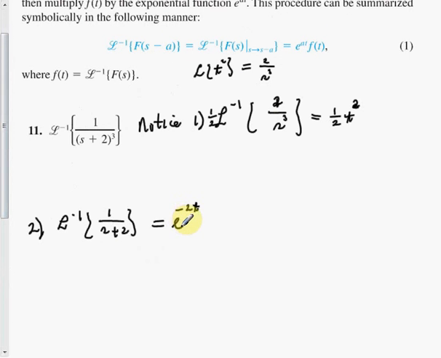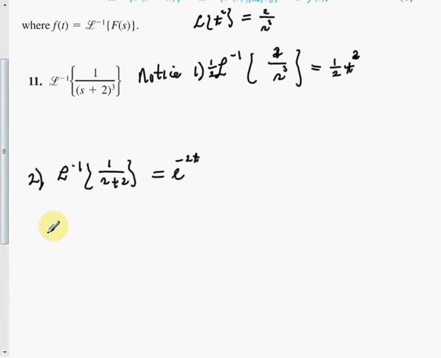We got that down here. That's e to the negative 2t times the original function. The original function is 1/2 t squared. So the answer here is 1/2 t squared times e to the negative 2t.